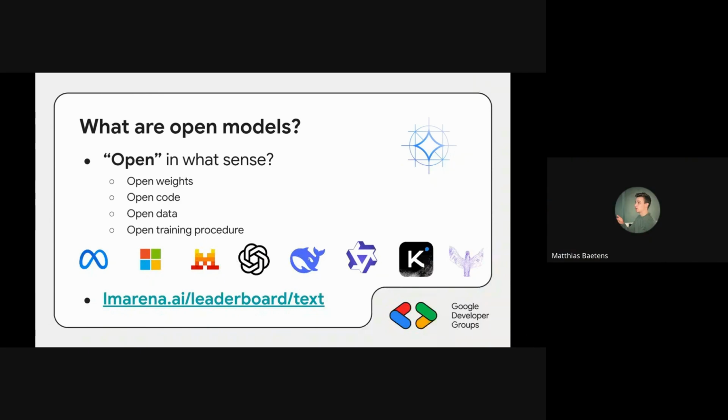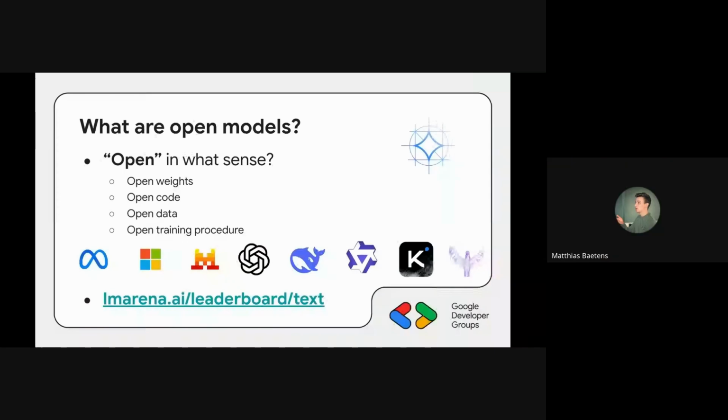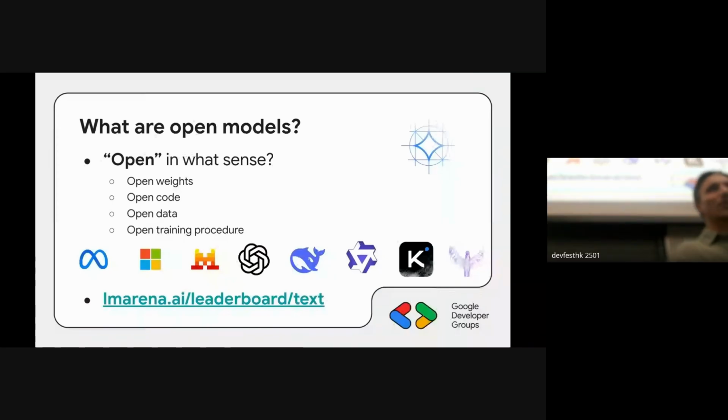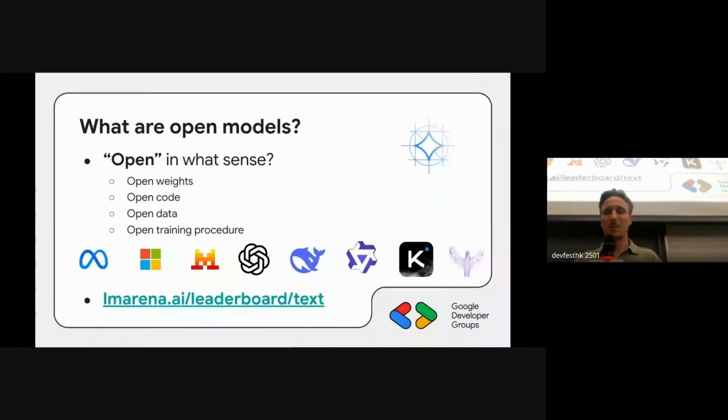Some other models are open code, where the model trainers have provided the whole architecture, training, and inference logic. Going further, some of them share the data that they used to train their models. I think this is quite rare, maybe because of licensing issues. And lastly, the most open way would be to share the training procedure, where you can take the data and the hyperparameters and reproduce the whole model on your own hardware. But there's not that much of that.